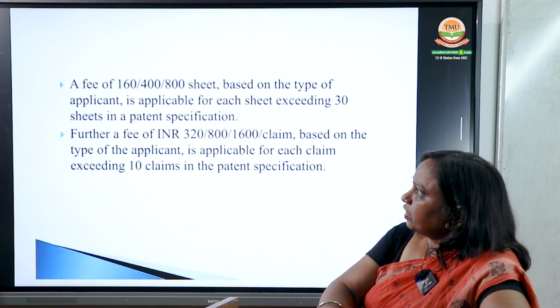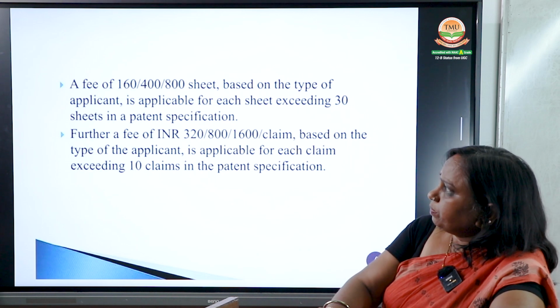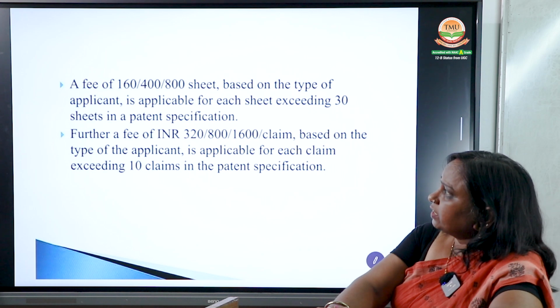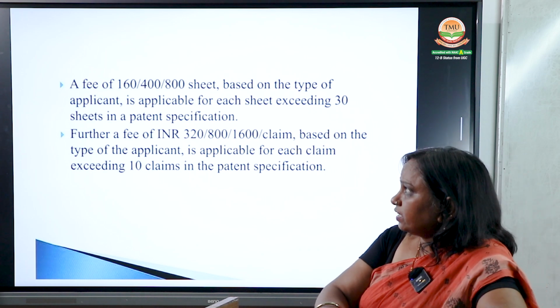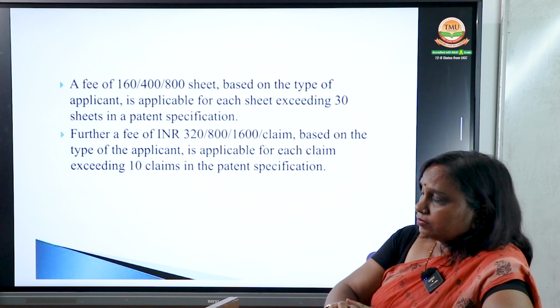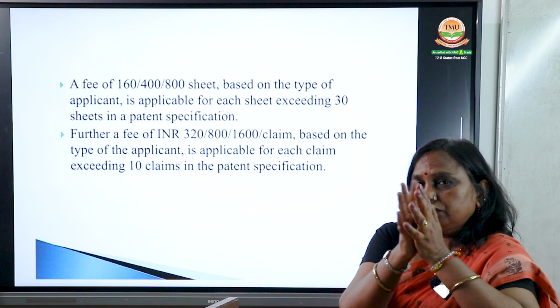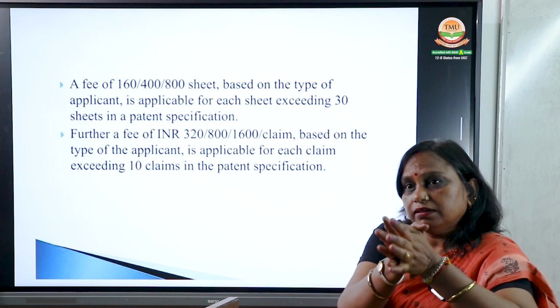A fee of 160, 400, 800 based on the type of the applicant is applicable for each sheet exceeding 30 sheets in the patent specification. Now, one more important thing: you have to submit the specification also along with the application.